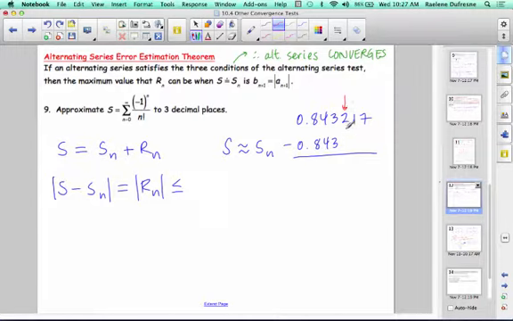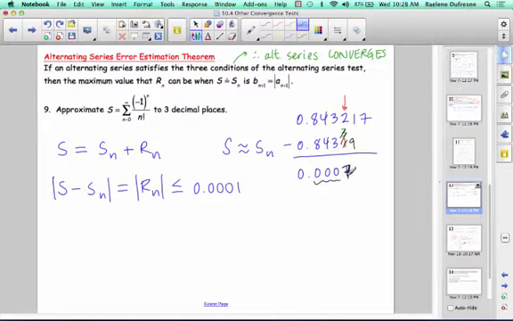Now, there are lots of different numbers that can be here, but I want to know the smallest possible value for this difference, and that means that these numbers would be off by at most 1 digit. So this could be a 1 or it could be a 3, and so then the maximum amount of error I'm expecting is 0.0001. Of course, if this is a 9 in this 4th digit, then I would have 0.007, but I would still be accurate to within 3 decimal places. So the maximum amount that I'm looking for Rn in magnitude is 0.000 and then a 1.